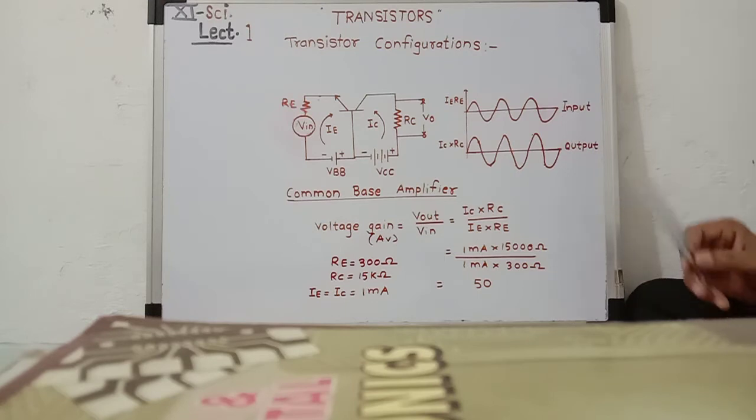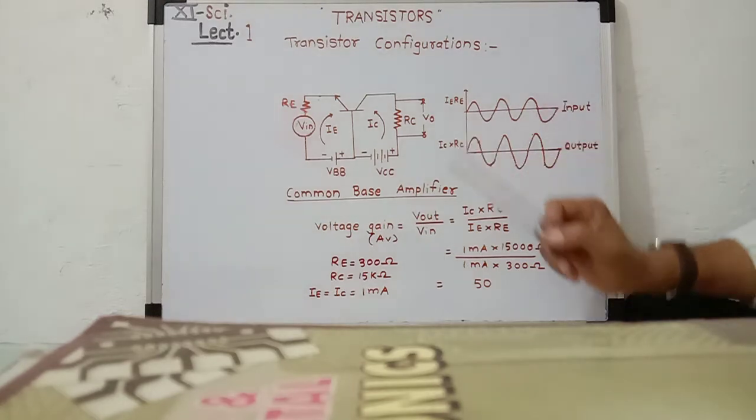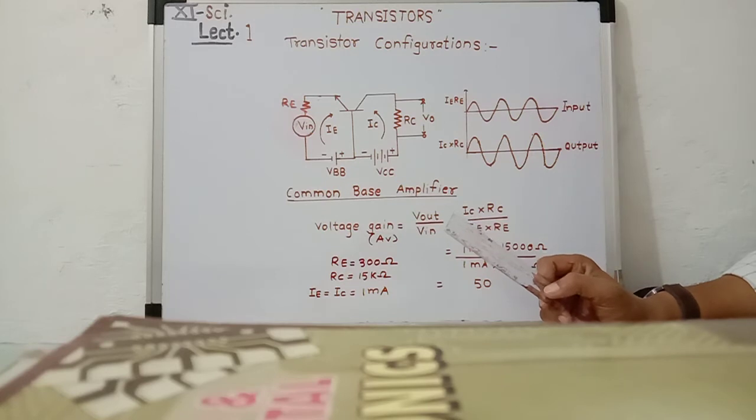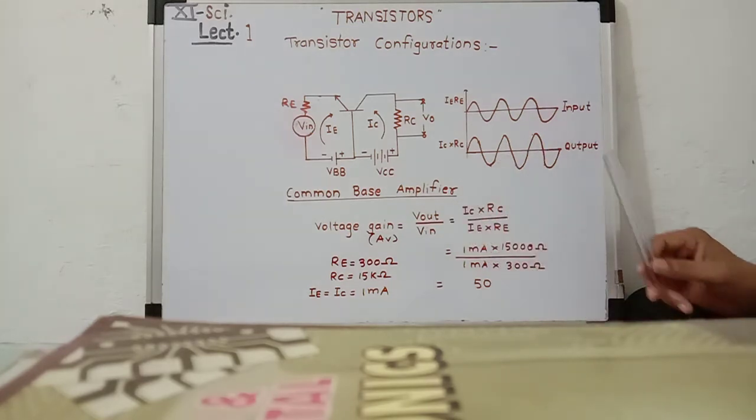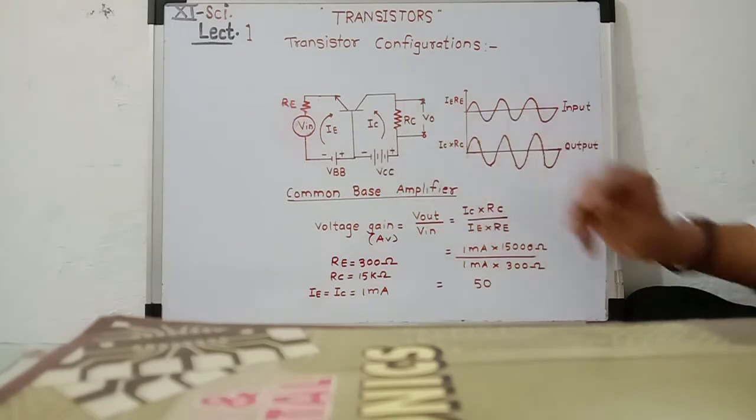So alpha DC means current gain. Alpha DC is equal to IC upon IE.